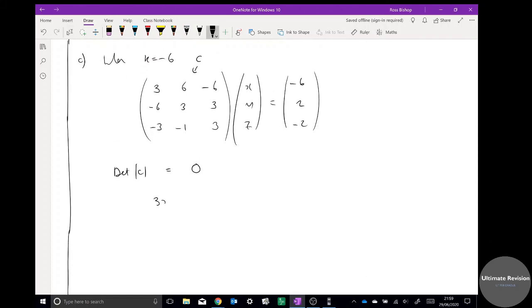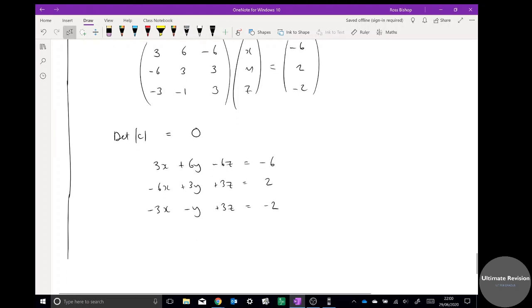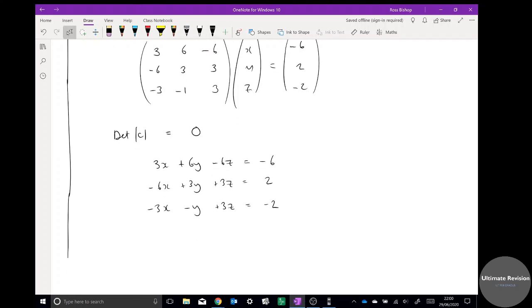So we've got 3x plus 6y minus 6z. Minus 6x plus 3y. Okay, so we've got three equations there. Are any a multiple of each other? You've got to look carefully here. You think 1 and 2 are close, but they're not quite.